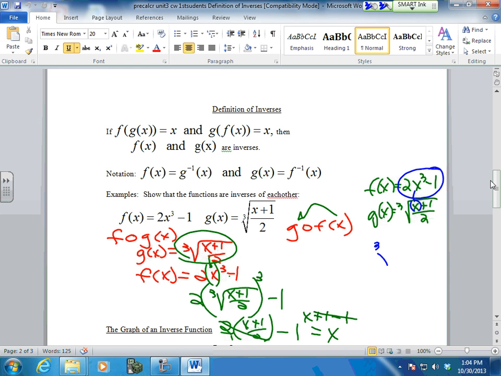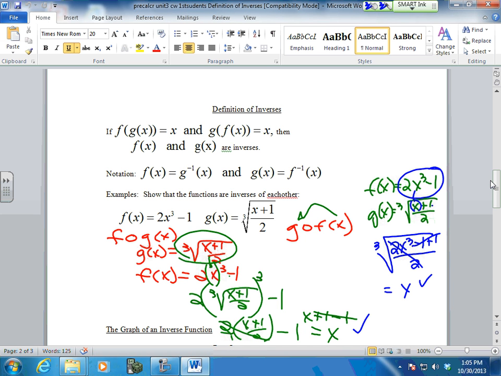So we're going to get the cube root of 2x cubed minus 1 plus 1 over 2. What happens to the negative 1 and 1? Cancel. What happens to the 2's? Cancel. What's the cube root of x cubed? X.